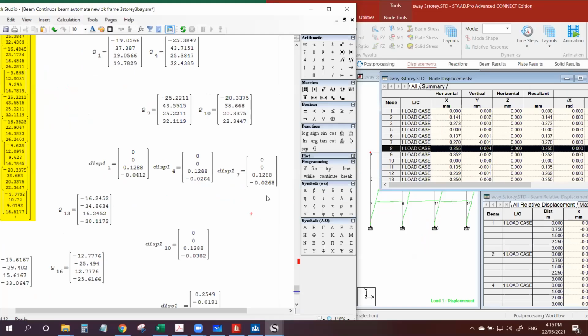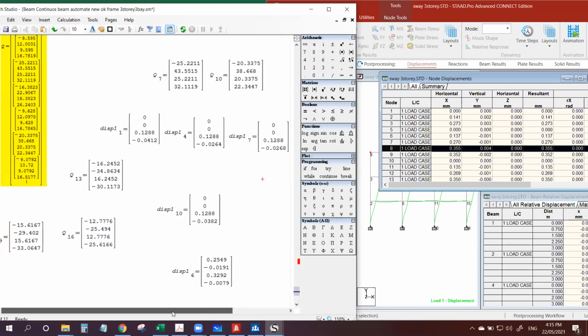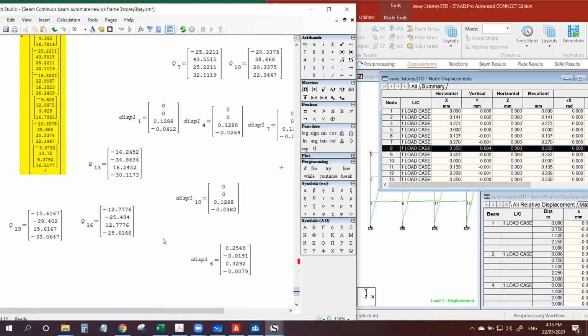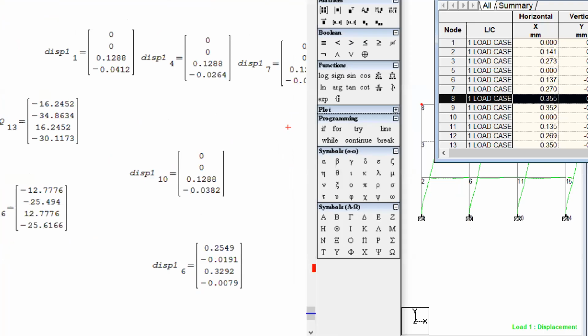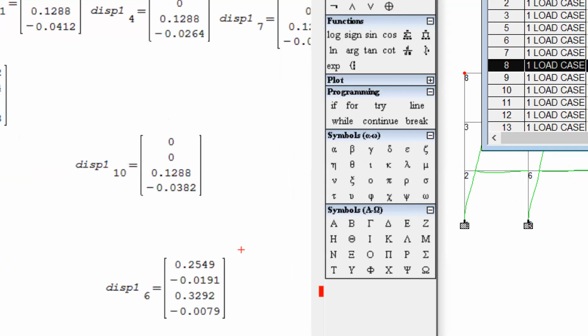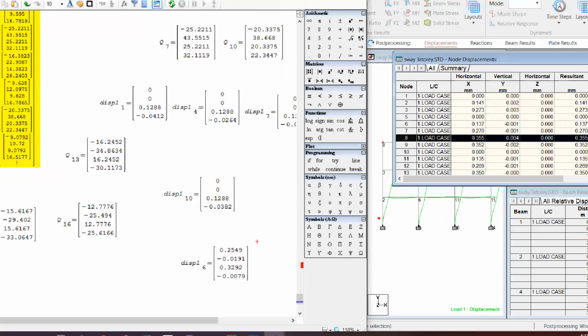Okay, makes sense. For displacement 6, members 4, 5, 6, let me redraw.